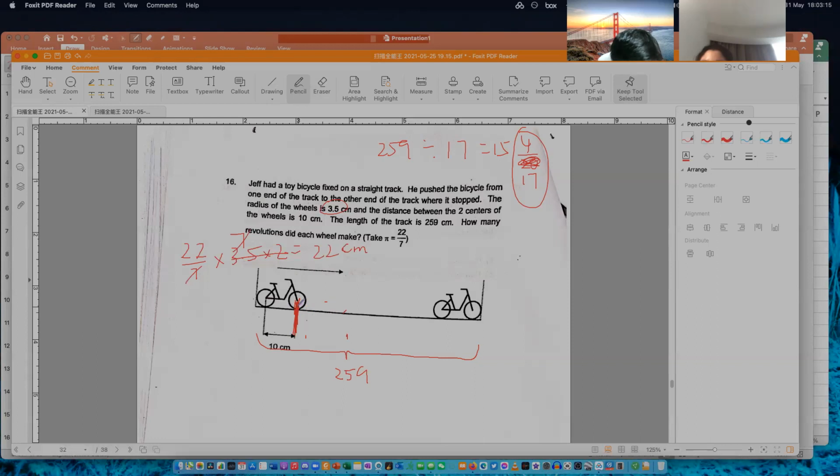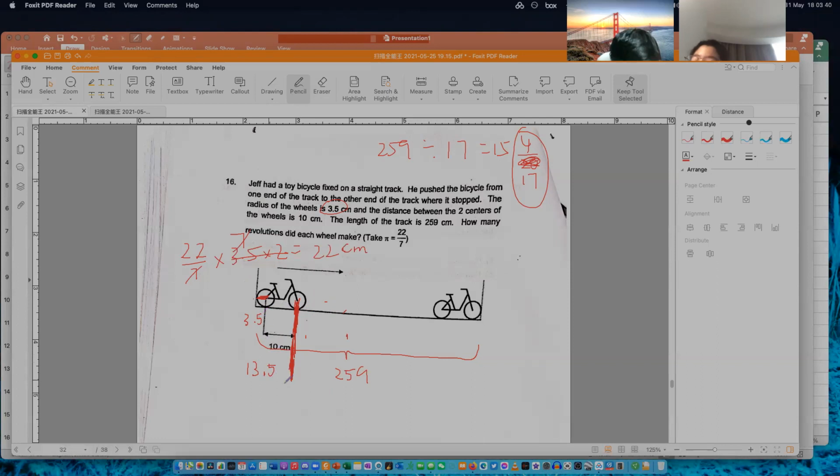So that means the start point is actually 259 minus the what? This is 3.5, and this is 10. So basically it's 13.5. Okay, so the start point is here.